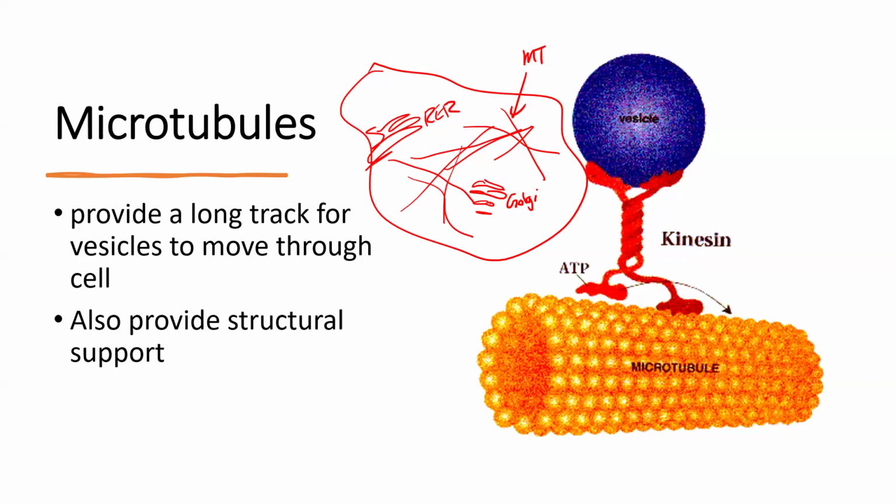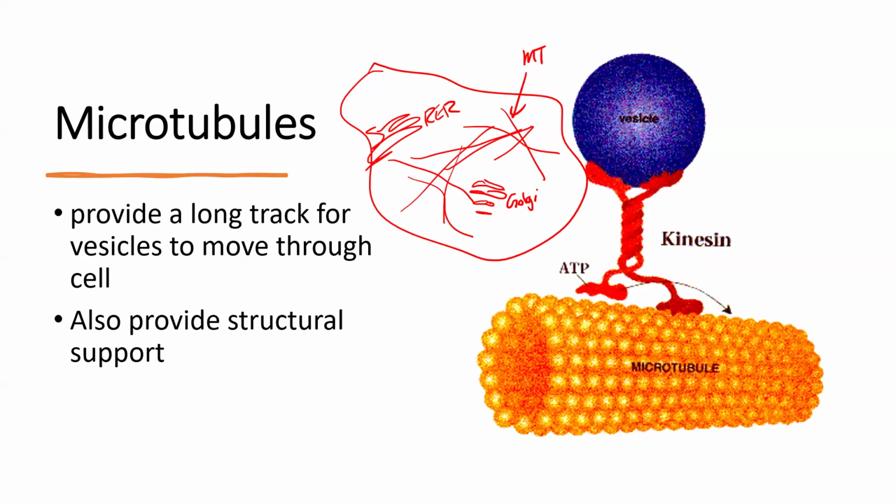So this reinforces the idea that nothing is random when it comes to living things. Everything has order to it, and there is complexity associated with it, even all the way down to the cellular level. So that's one function of the microtubules, to provide a track for things to move along.